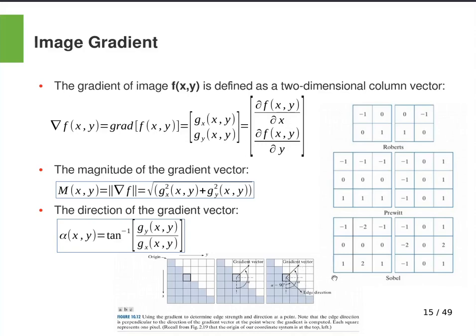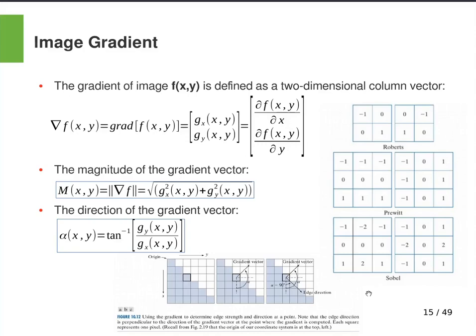This is as opposed to using second order derivatives, because with second order derivatives we don't get any information on the edge direction. What we only get is basically the strength of the Laplacian at any location in the image. So if the goal is only to detect the location of edges, maybe second order derivative is more preferred.